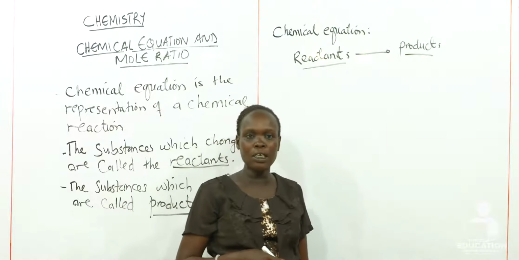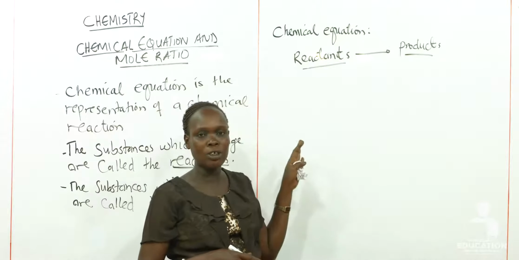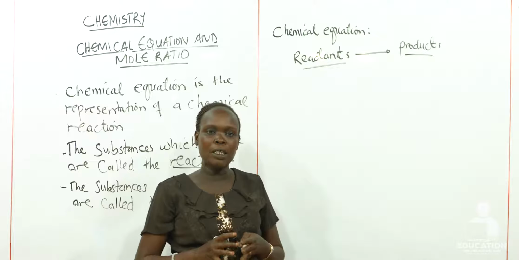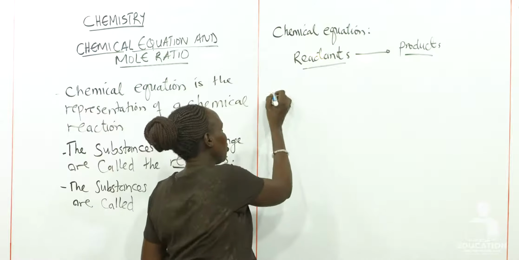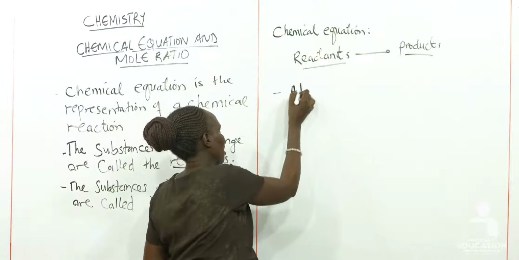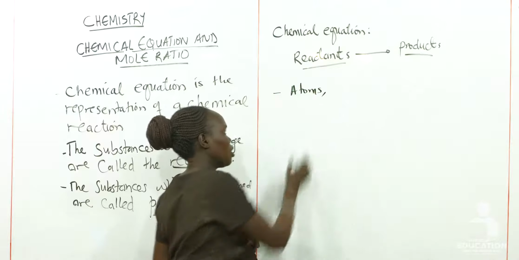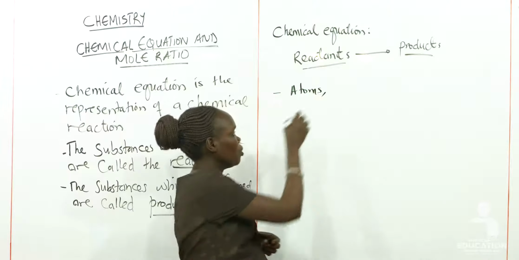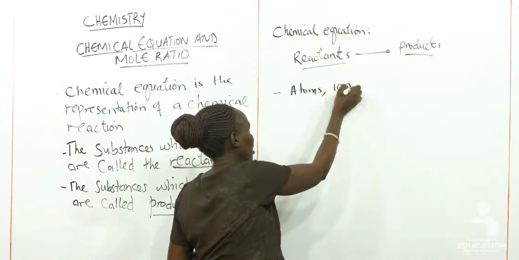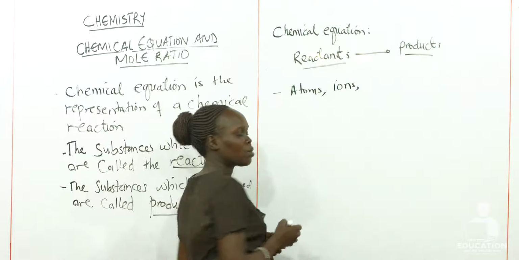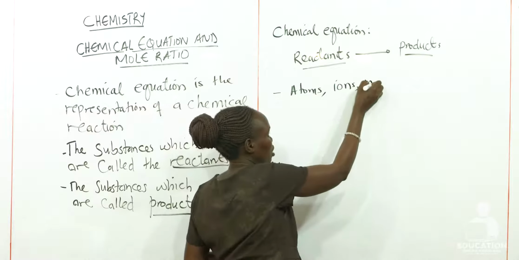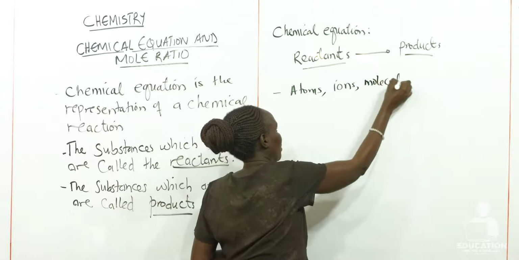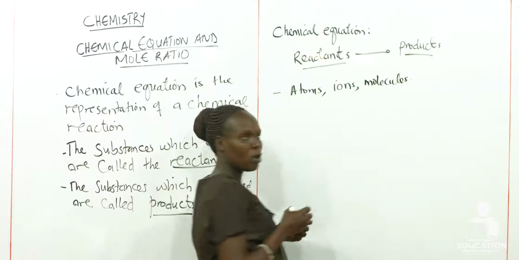These reactions can take place with atoms reacting together. Substances like atoms can react together, we can have ions reacting together, and we can have molecules reacting together to form compounds and more.